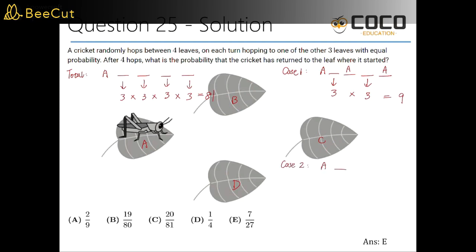For case 2, this is when the second hop is not A. So first hop is either B, C, or D, 3 choices. The second hop is not A, and it cannot be the same as the previous one, so minus another choice, and this is 2 choices.